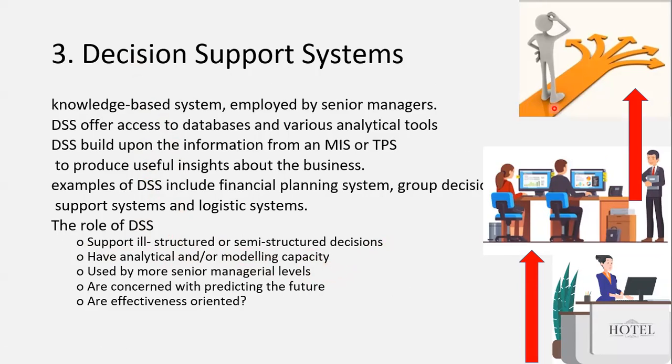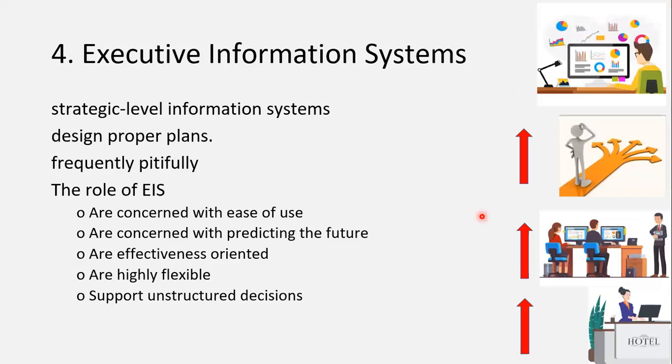But this is not a globally distributed decision; it's just making a decision on what to do. And executive information systems are the most effective and very complicated, strategic level of information systems. They might be globally and geographically distributed, not in one single location.